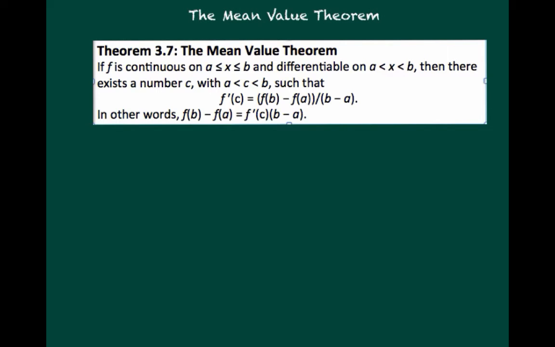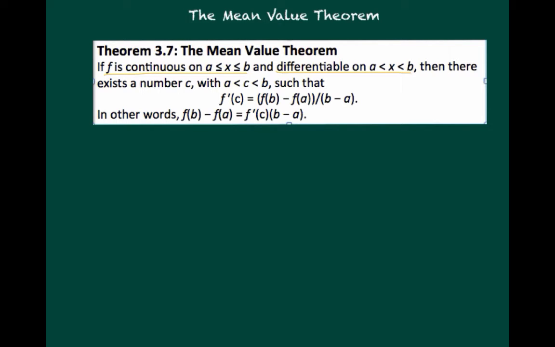And maybe this is what you need to get in your notes. It tells me that if f, that function, is continuous on the closed interval A to B, and it's differentiable on the open interval from A to B. So in other words, this can't be a function that has any points where it's not differentiable, like corners or cusps, and it's got to be continuous, so no holes or no jumps, just kind of our plain Jane average function.